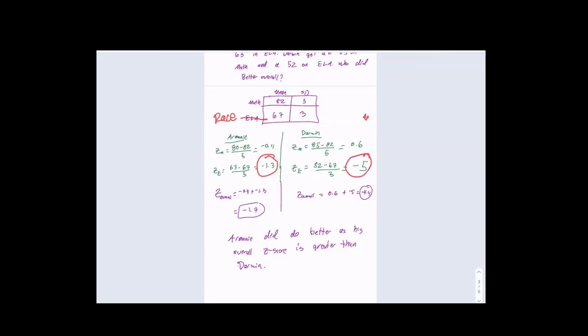And Darwin would be really good, because if he was negative 5 standard deviations below the mean for a race time, that would be really good. And instead of doing this, we would actually change this, therefore, to be positive 1.3 here, and we would change this to be positive 5 here, because then that would be a good thing. That would give me positive 0.9 here, and that would give me 5.6 here. And in that case, Darwin would have done better because its overall net z-score would be greater.